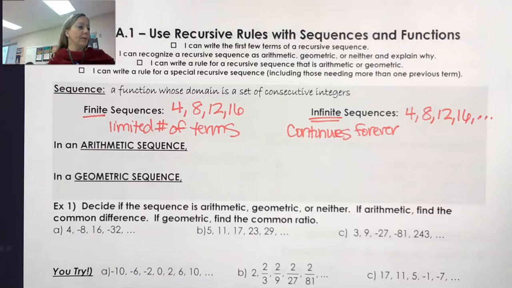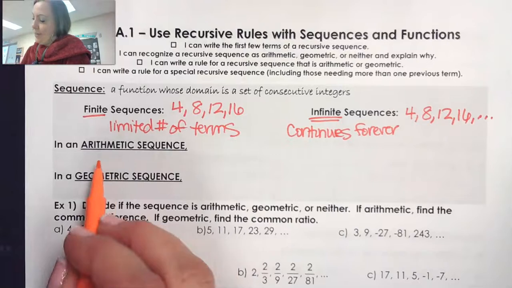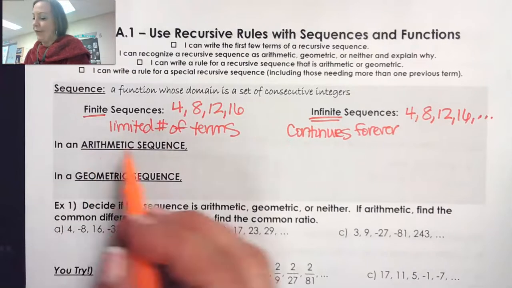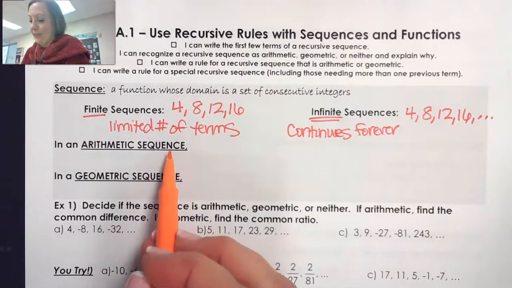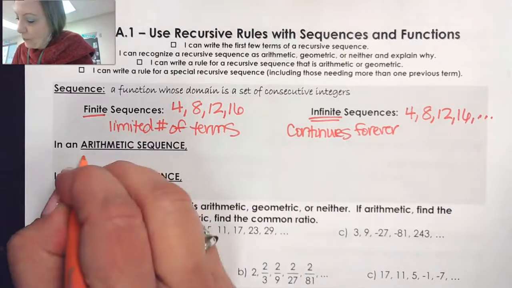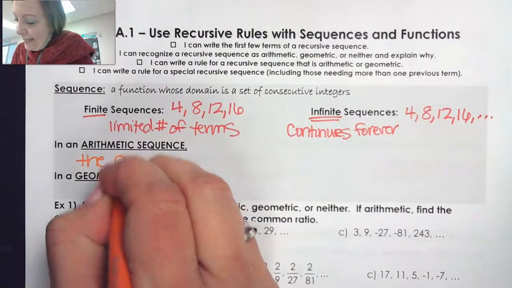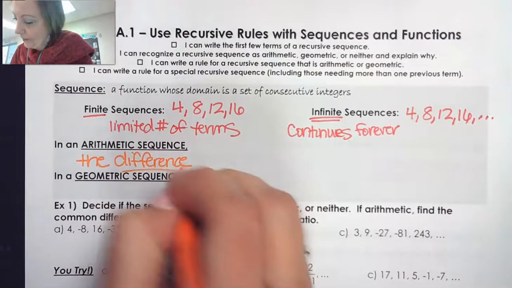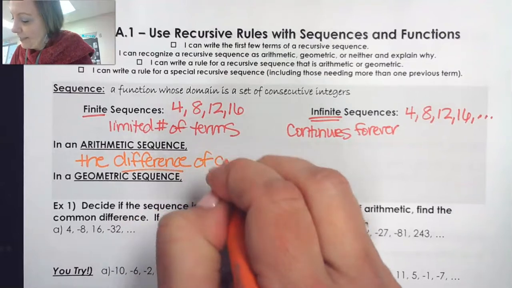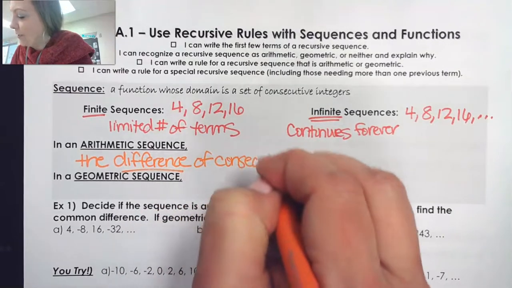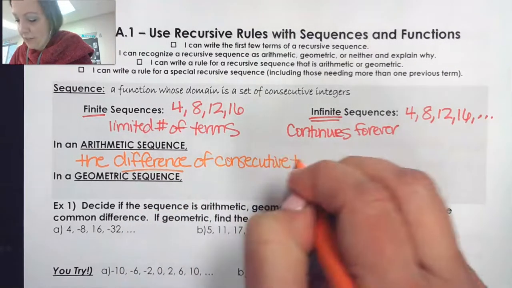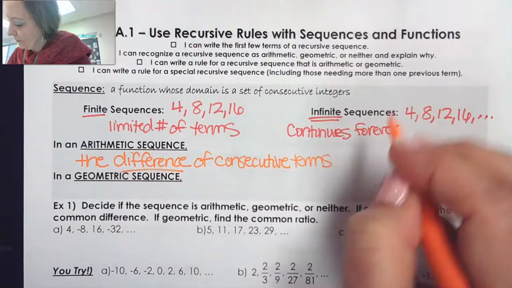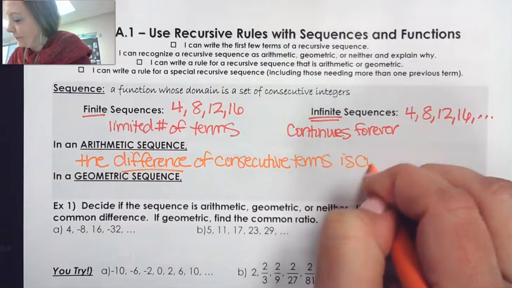Now, in the warm-up, we looked at a couple different things. One of them is that if it was a linear thing, that's going to be called an arithmetic sequence. If we see an arithmetic sequence, what that means is that the difference of consecutive terms, and that just means the terms right after each other, is constant.